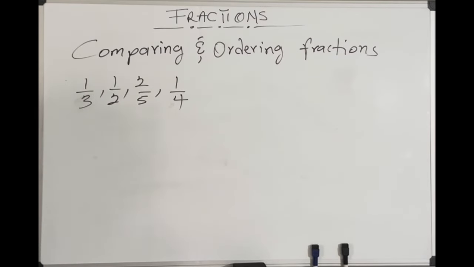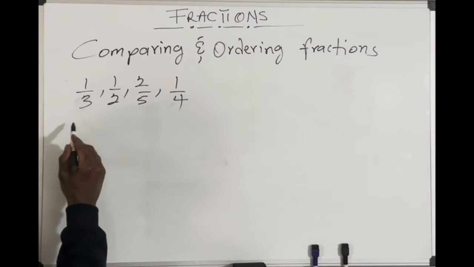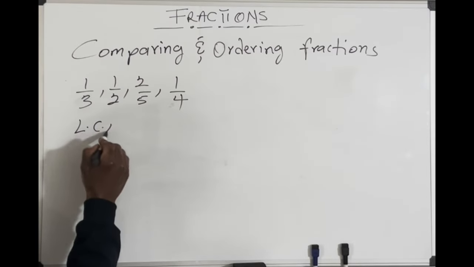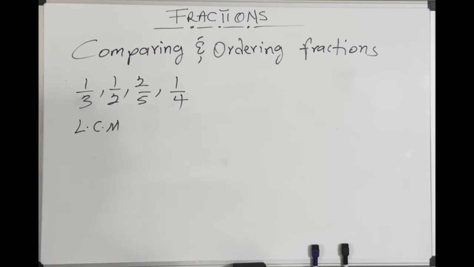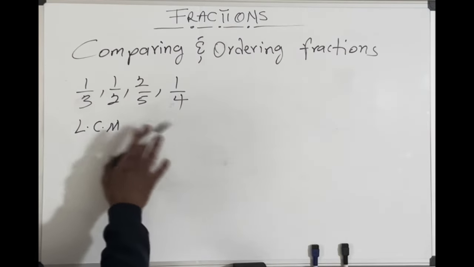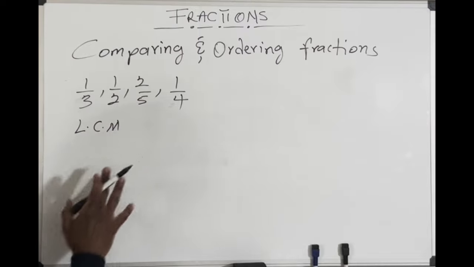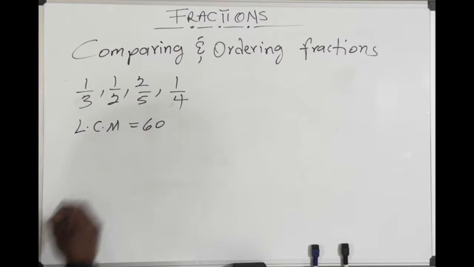This time around, we just go through and then find the LCM, least common multiple. If you've forgotten about least common multiple, you can comment and then I'll go through that, okay? But if you remember, I think we can quickly go through and then I think we should get 60, okay?